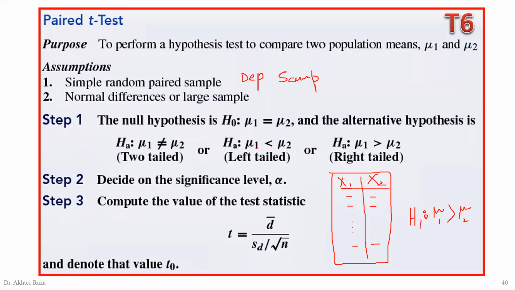H0 and H1 are the same, alpha is the same, but the formula of the T statistic is changed. This formula of the T statistic is just similar to the formula of T2. What was T2?